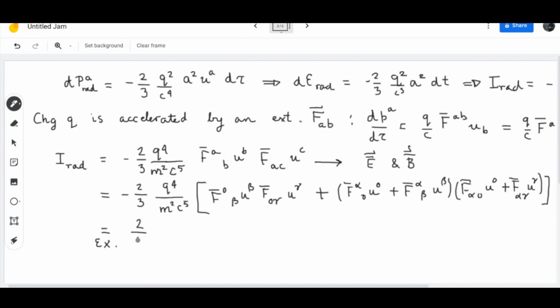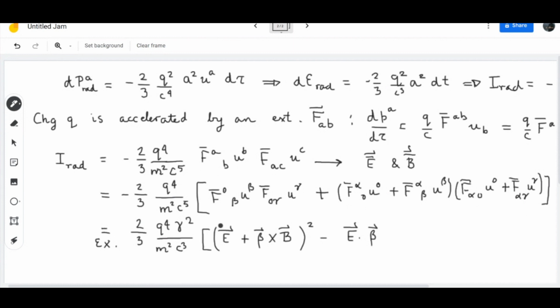2 by 3 q to the 4th gamma squared over m squared c cubed into the quantity E bar plus beta cross B bar, whole squared, minus E bar dot beta bar, quantity squared.